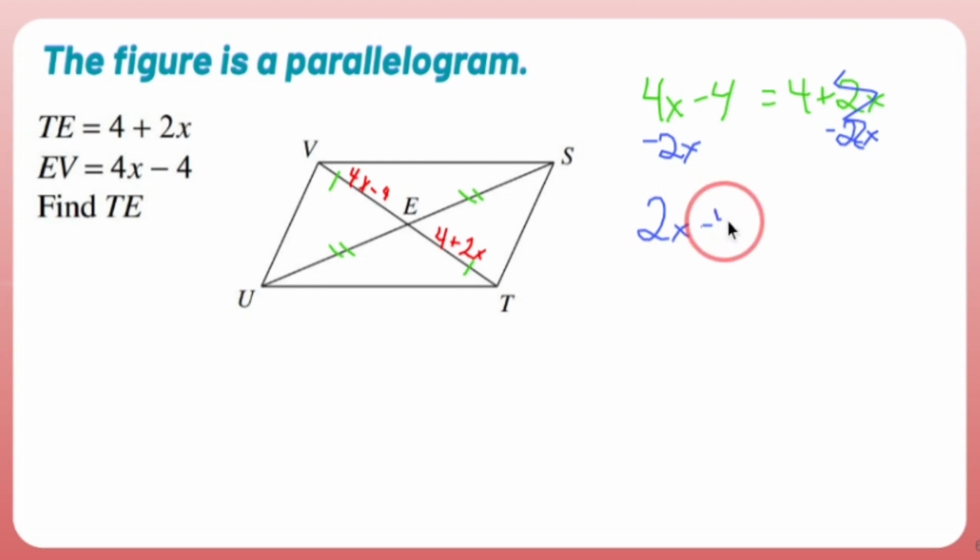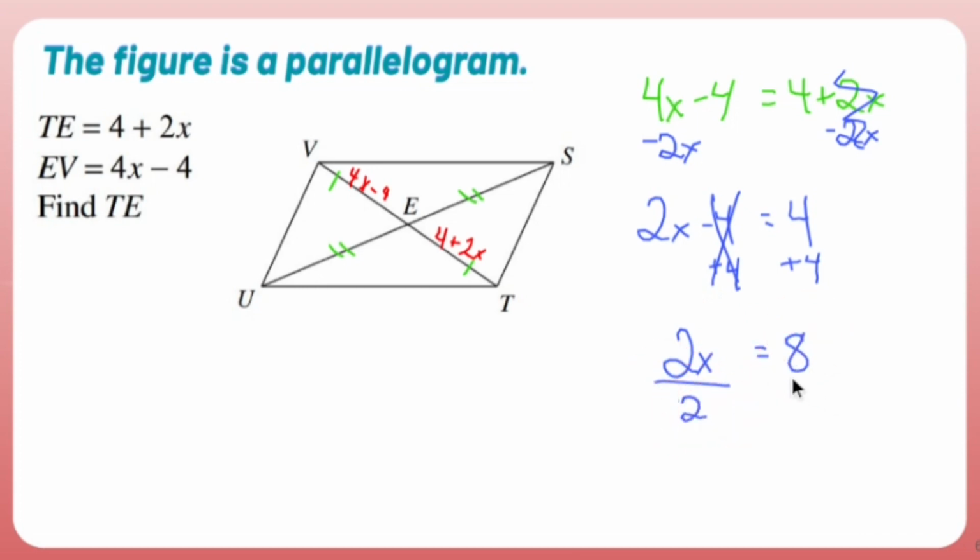Drop down the minus 4, drop down the equal sign, drop down the regular 4. 2x minus 4, let's get rid of the minus 4 by adding 4 to both sides, like so. 2x equals 8. Divide by 2, and x equals 4.